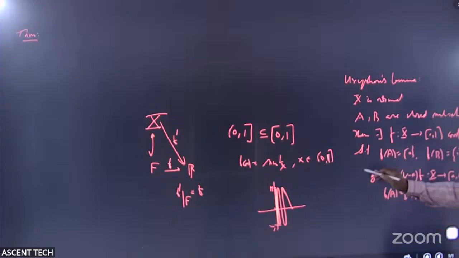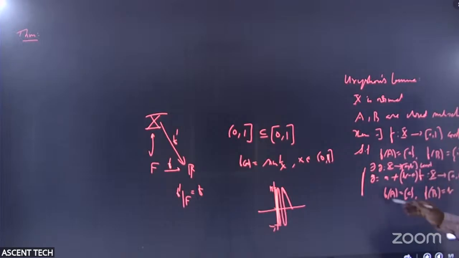So I can even write the theorem this way: there exists a continuous g from X to [a, b] such that g of capital A is the singleton a and g of capital B is the singleton b.